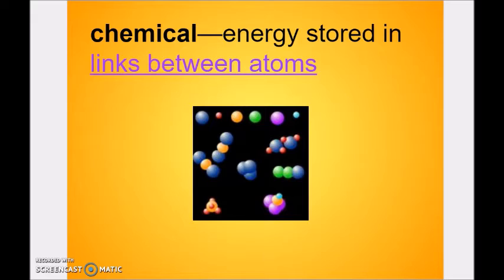Firewood has potential chemical energy because before you light it on fire, it's just sitting there, but once you light it, it releases that energy, so it's stored potential energy. Candles before they're burning. Fossil fuels, oh my goodness, there's a lot of chemical potential energy in fossil fuels. So chemical energy is energy stored in the links between atoms.